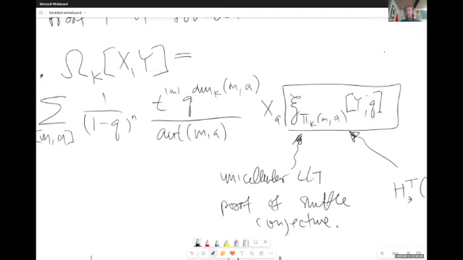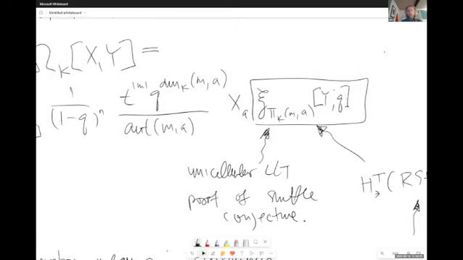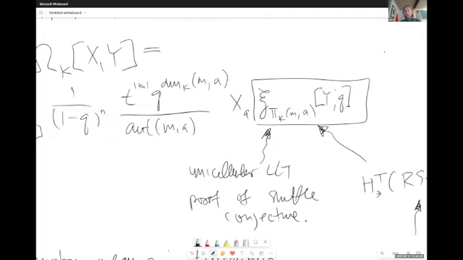So often the way it goes is, if you want to show a quasi-symmetric expansion is actually symmetric, you might just express that in terms of LLT polynomials. And this is that same sort of thing. So by writing this sum as an expansion in terms of these unicellular LLTs, I've in fact also proved that it's symmetric in the y variables.